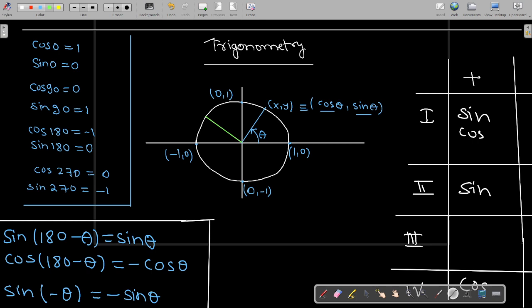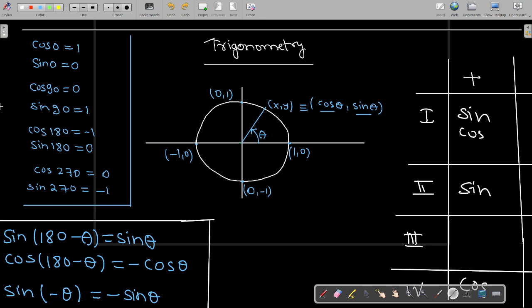Two. In this quadrant, is sine positive or negative? Positive. That's why sine of 180 minus theta is positive sine theta.